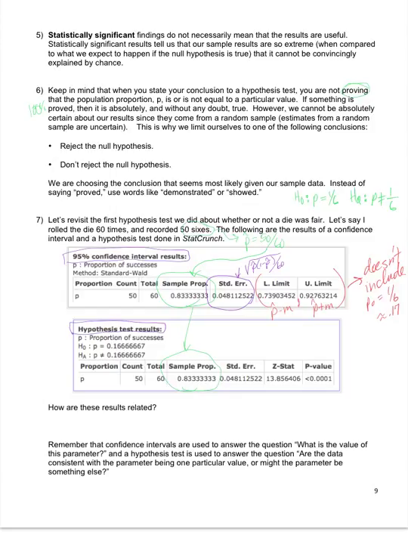If we look at our hypothesis test, notice that our standard error is very similar, or actually it's the same in this case, because our null hypothesized value, let's see, we did 1/6 times 1 minus 1/6 over 60. And 1/6 and 5/6, if you check, this actually reduces to 5/6, which is why we're seeing the same standard error here as above.